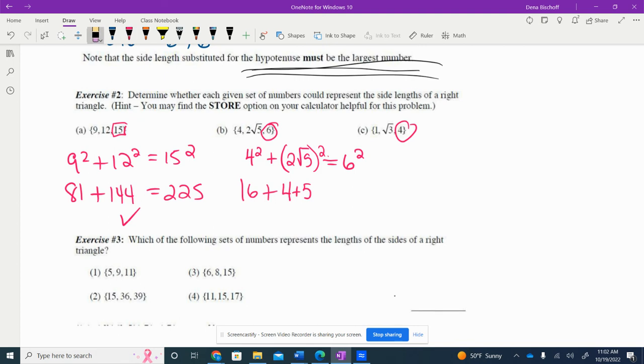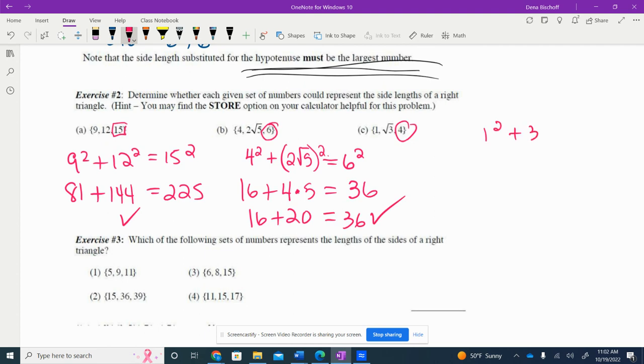This is going to be a multiply question, right? Because I have to multiply those together. That's 2 times the square root of 5. So in your calculator, you could take 2 times the square root of 5, and then you could square that, and you should get 20. So 16 plus 20 does in fact equal 36. So this is a right triangle.